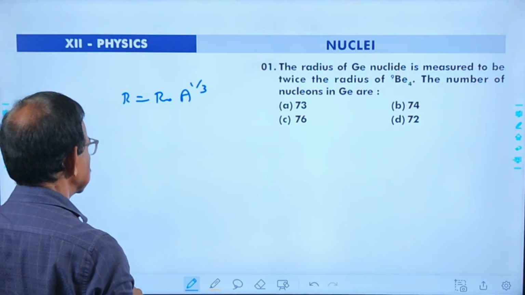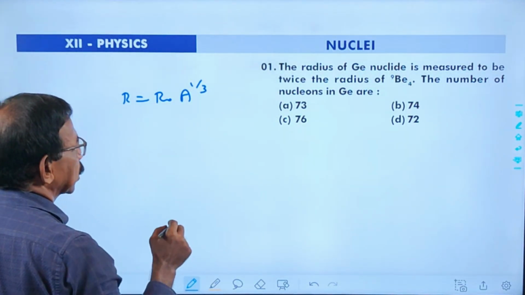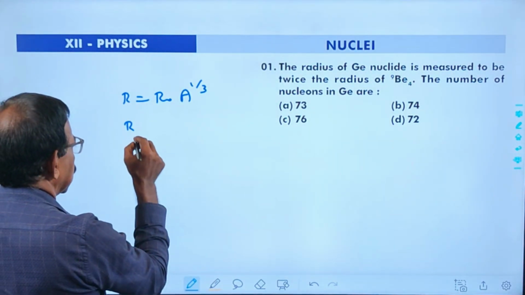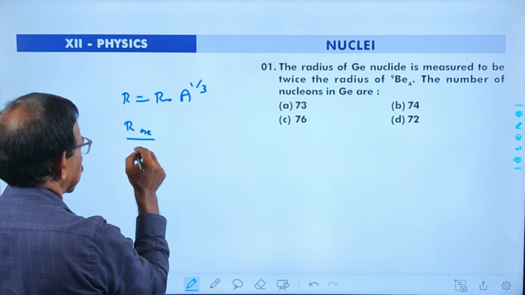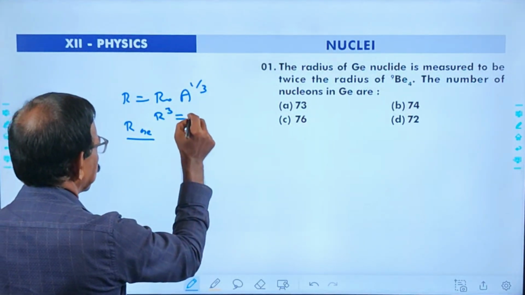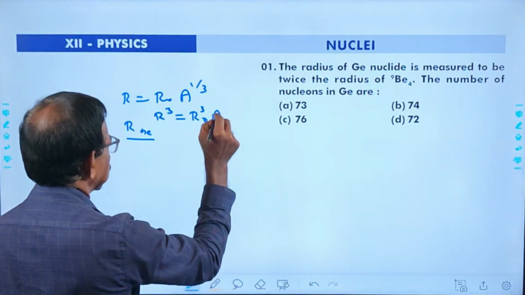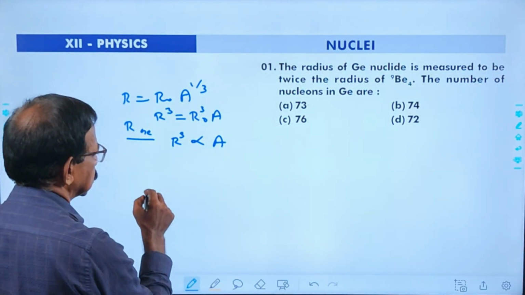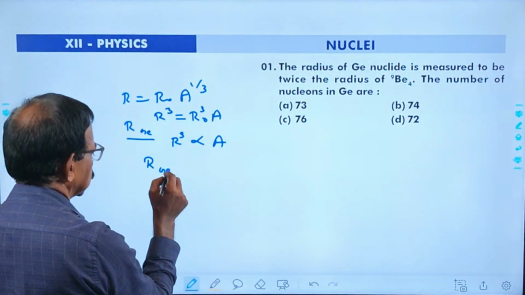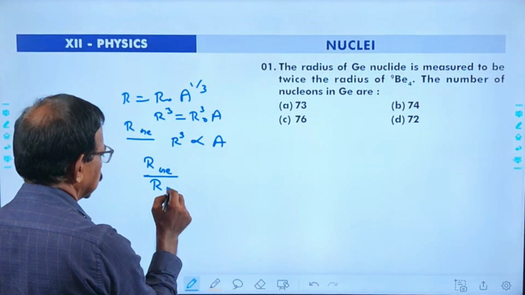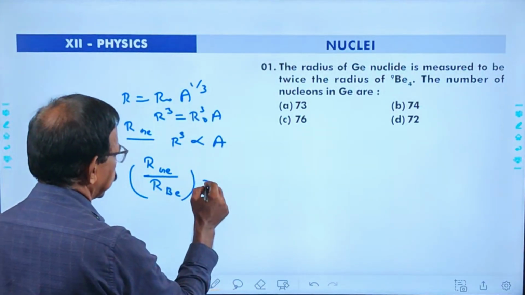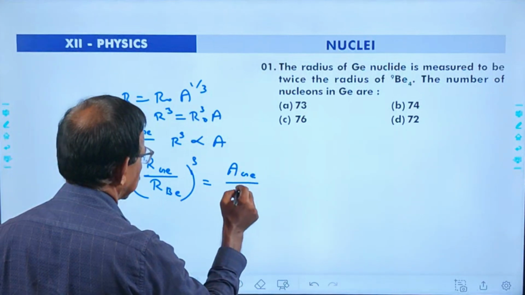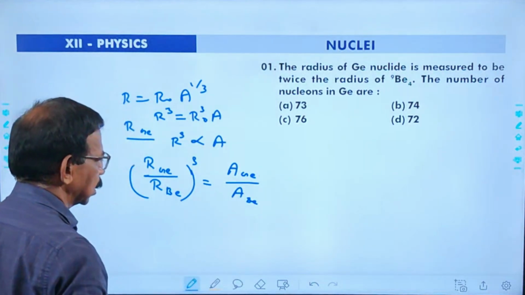Then R cube equals R0 cube A, that means R cube is proportional to A. Then radius of germanium divided by radius of beryllium, the whole cubed, equals A of germanium by A of beryllium.